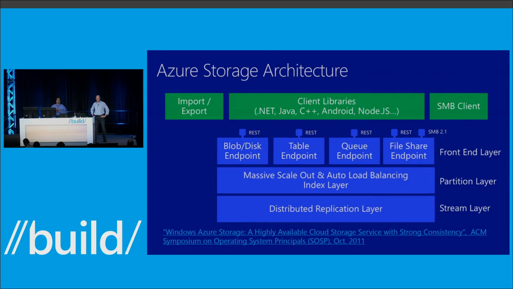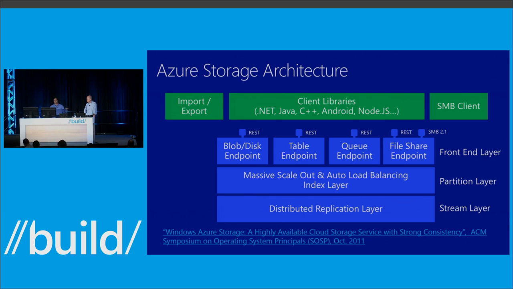So Azure Storage, the architecture of storage, is essentially built on top of one common platform. We have one massive distributed file system, tens, hundreds of petabytes of data in each region. And you have a scale-out layer and a load balancing layer on top of that.